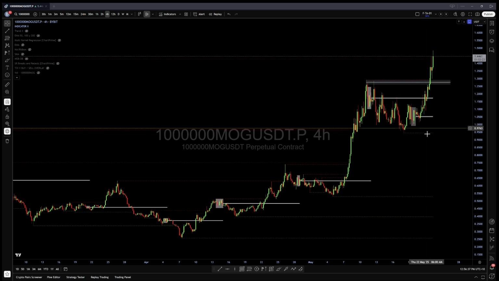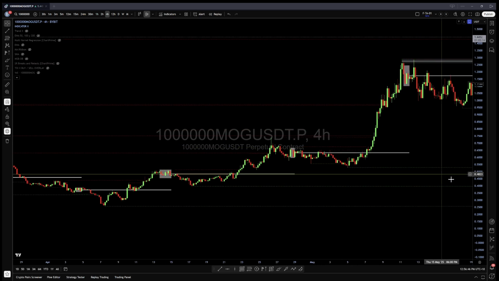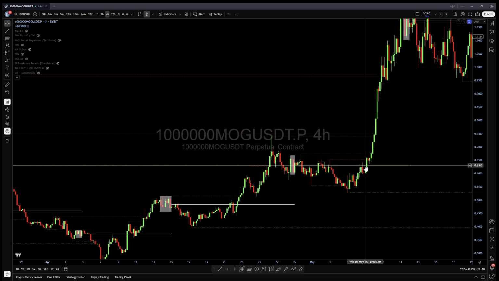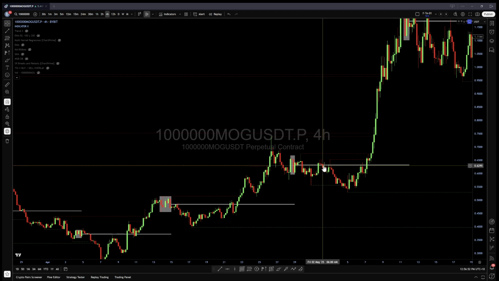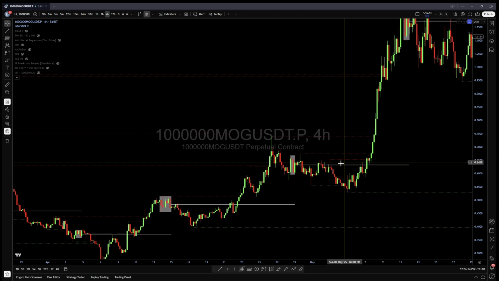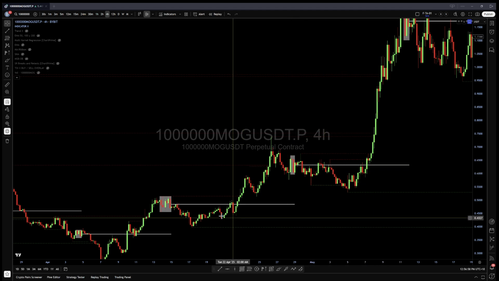Now, keep in mind, if you're looking at the 4-hour time frame, this is a slightly higher time frame that you're looking for your bias on. When the price is above the 4-hour value line, it's bullish. When the price goes below the value line, it's bearish underneath.